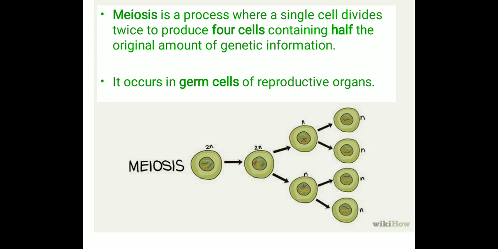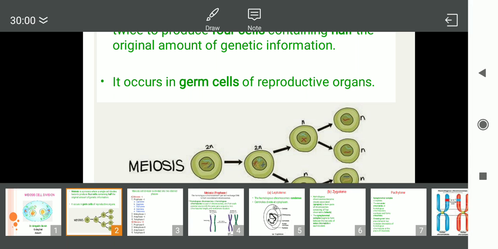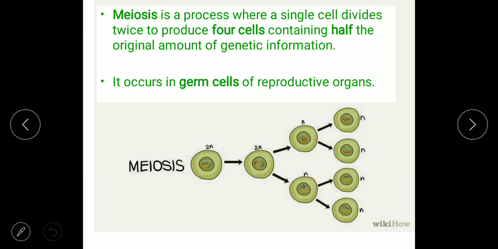In meiosis, as I already told, one cell is divided to form 4 daughter cells. And meiosis cell division takes place in 2 phases.